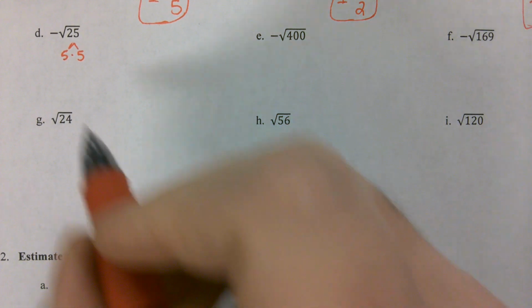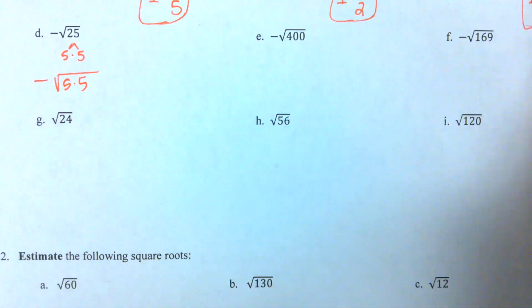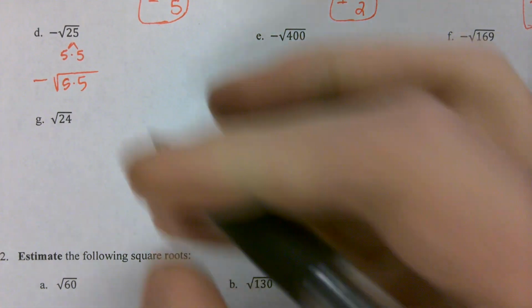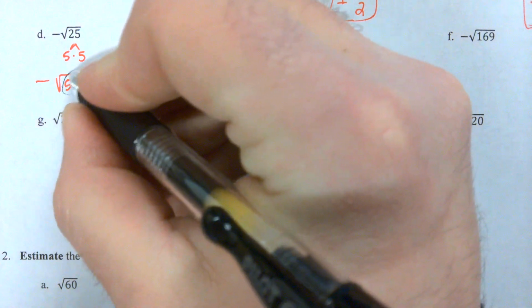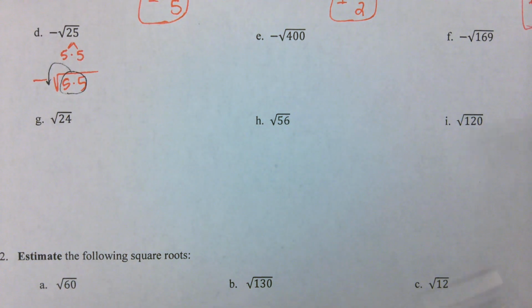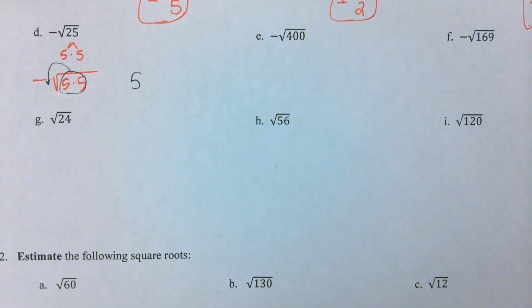Okay. If I have a pair of 5s, let's just do this the long way. If I've got negative root 5 times 5, I take the pair of 5s and bring them out of the square root. Is there anything left over inside the square root? No. All I have is a 5.